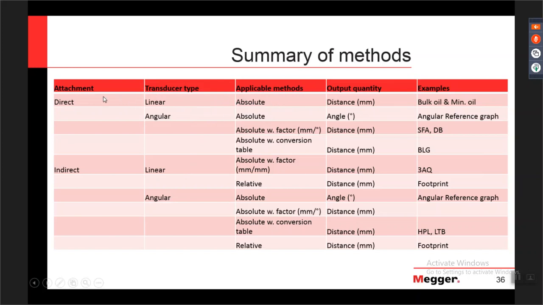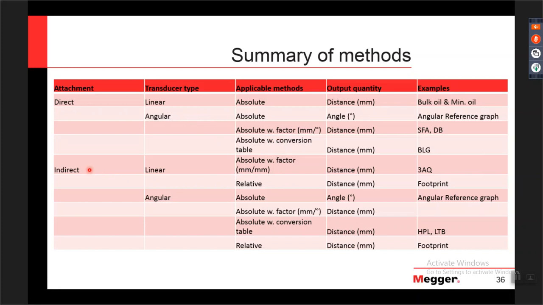So for direct attachment, you can use both linear and angular. You can do absolute measurement. And you can also do it with factor and conversion table for angular only.